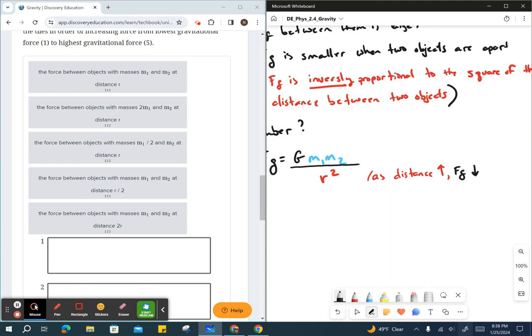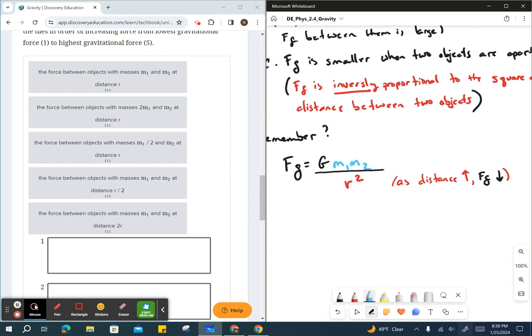That's what we mean by inversely related. And if we take a look up here in the numerator, as mass increases, then what happens to your F of g?